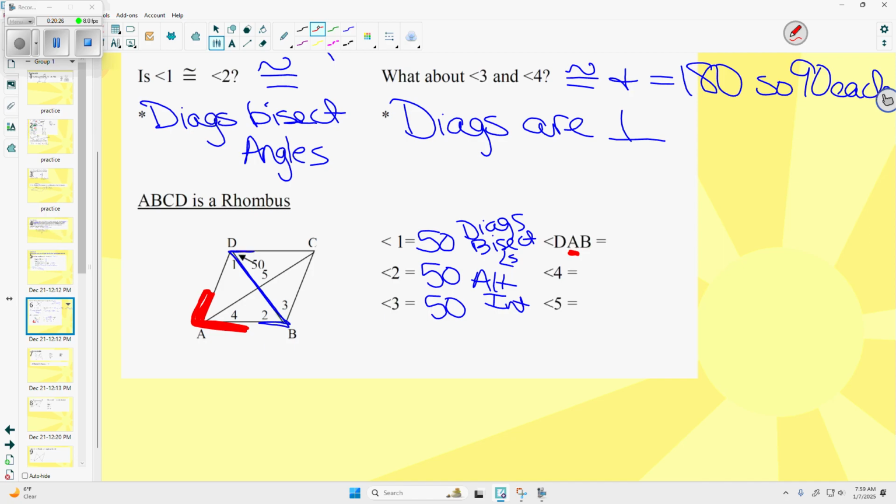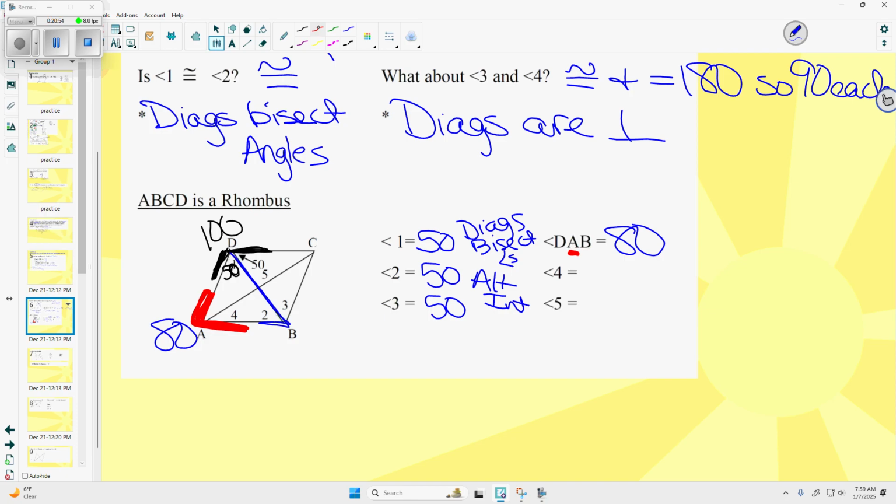What do we know about angles that are next to each other? They equal 180. How much is angle ADC? ADC. How much is this angle? How much is angle DAB? 80. Nice.